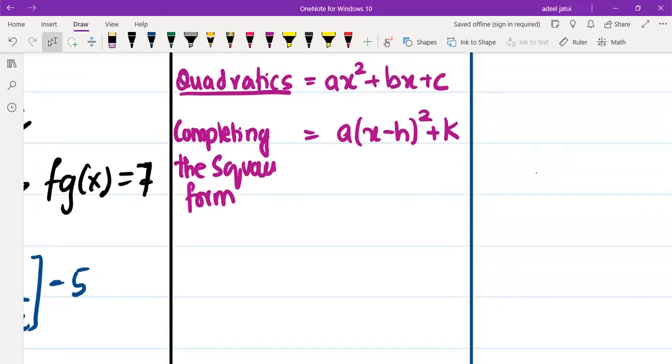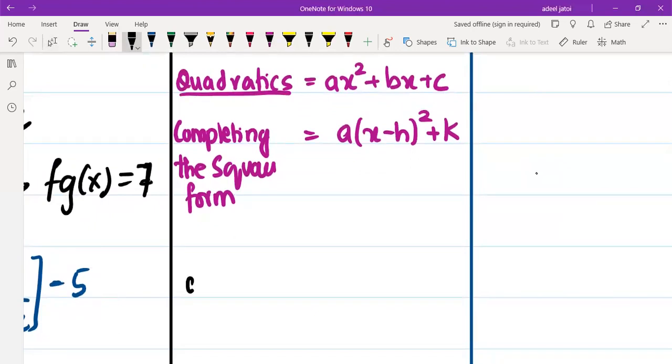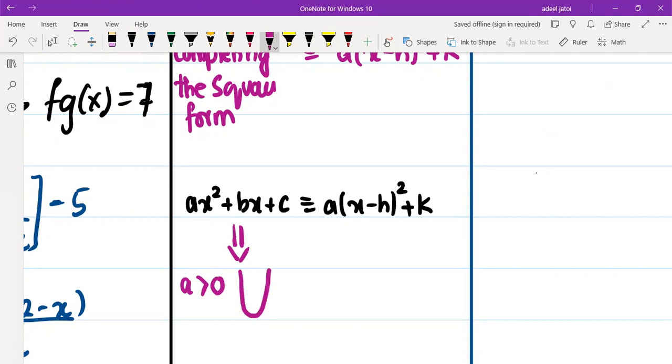Now, both these forms have their own importance. Let's say that ax squared plus bx plus c can be changed to a(x minus h) whole squared plus k. But what does the quadratic equation do? The quadratic equation initially tells me that if a is greater than 0, the curve will be a U-shaped curve.